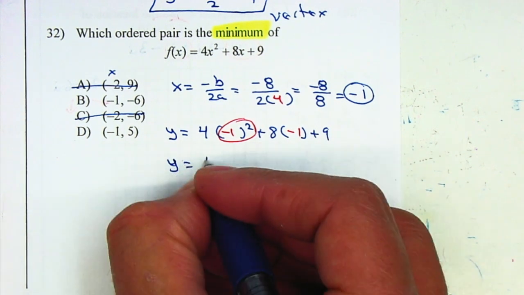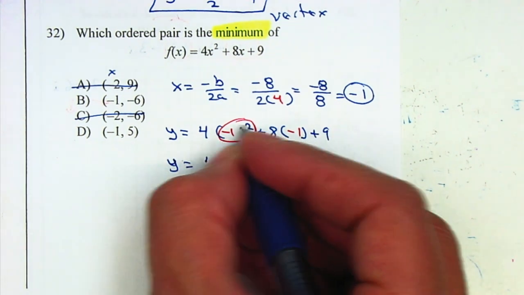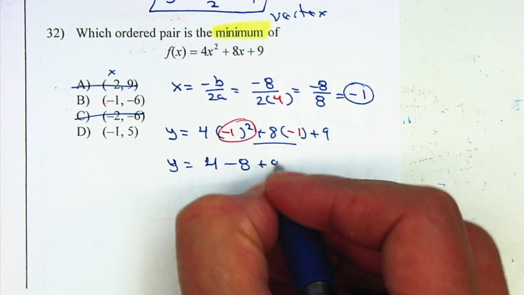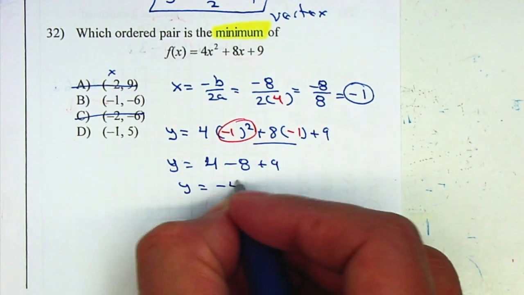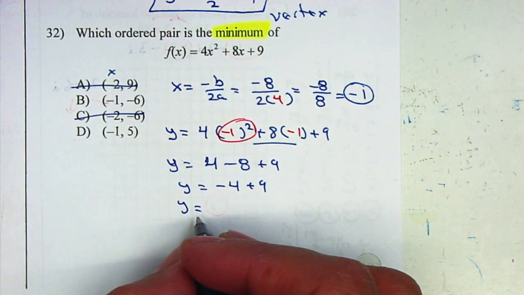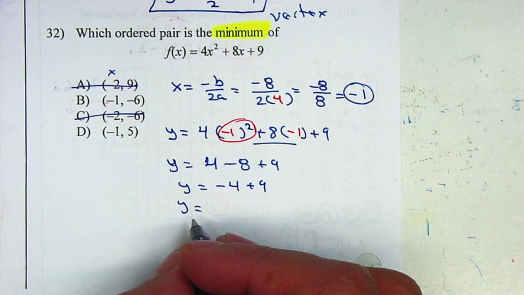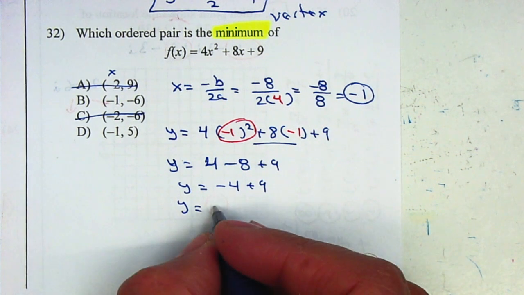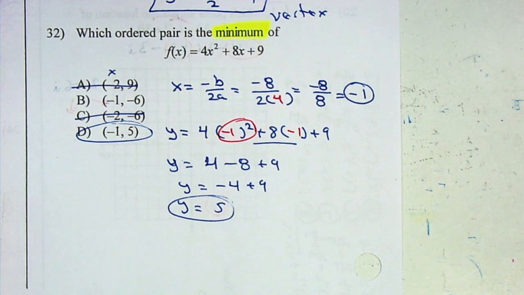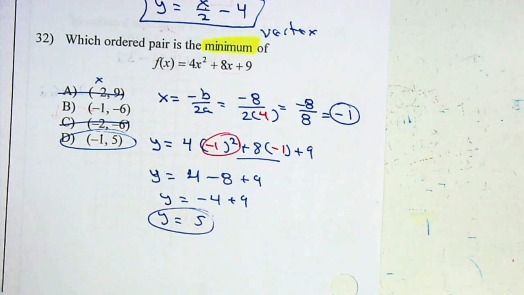So y is equal to, this becomes 1 times 4 is 4, minus 8 plus 9. Y is equal to negative 4 plus 9. Y is equal to, let's see, positive 5. The answer will be letter D. Perfect.